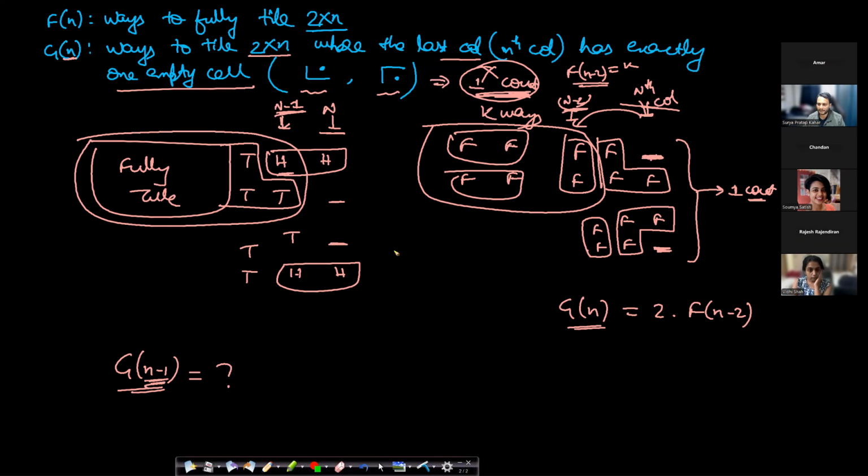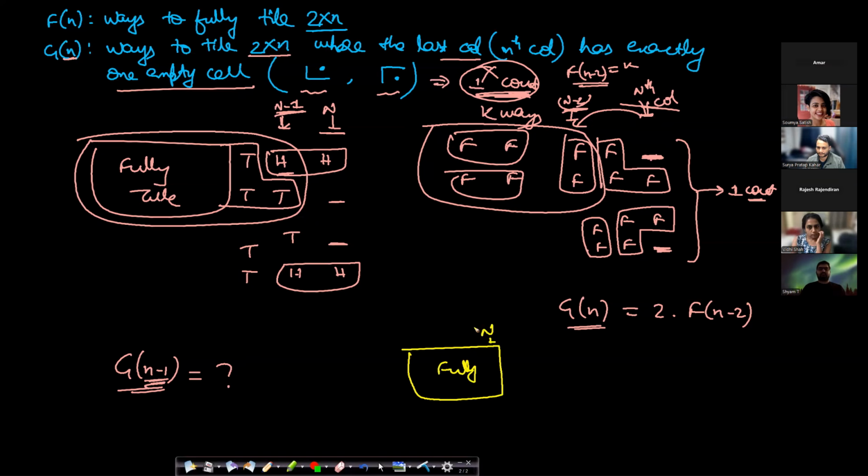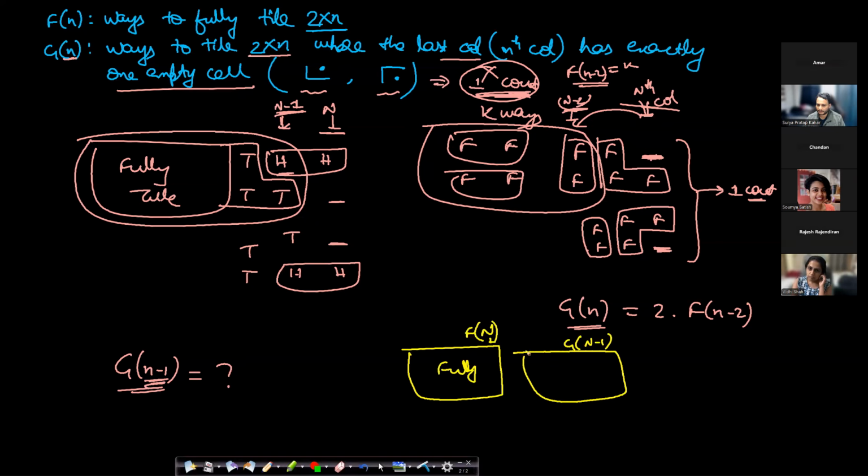Are you clear? So when I say f of n, this means I should be able to tile this fully up to the nth column. And when you say g of n minus 1, what does this mean?